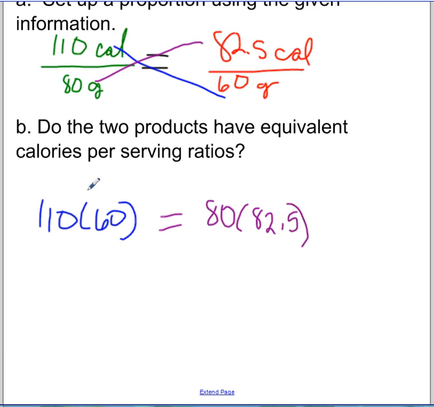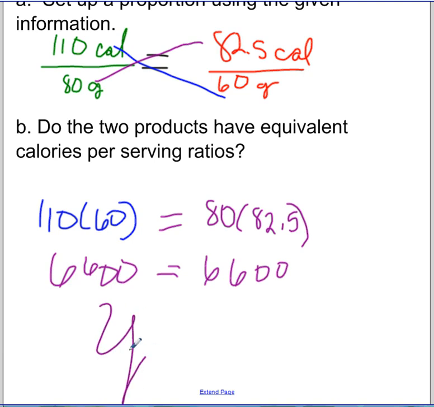And so when we multiply, we get 6,600 on the left. And when we multiply on the right, we also get 6,600. So yes, the two products have equivalent calories per serving ratios.